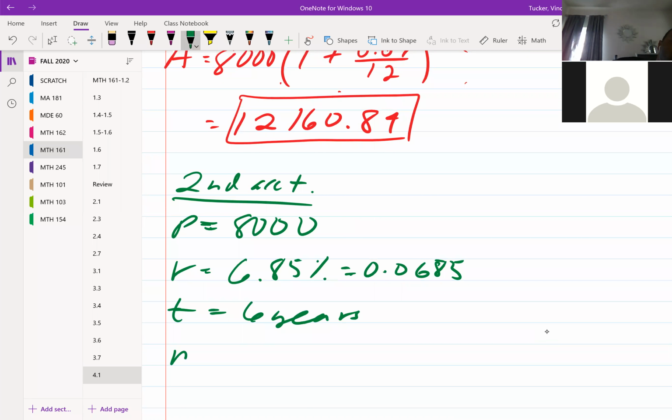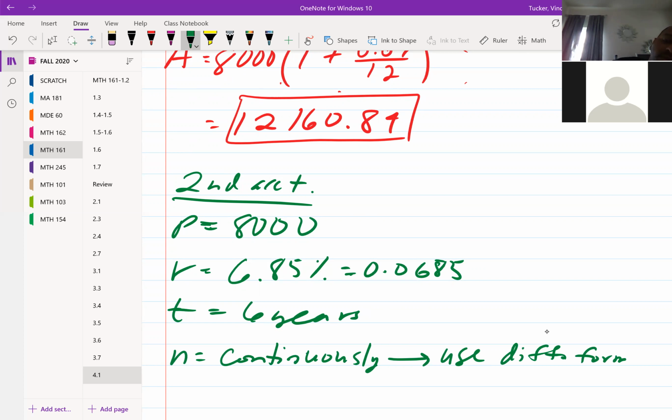But this time, we're compounding continuously. So we use a different formula as we talk compounding continuously.